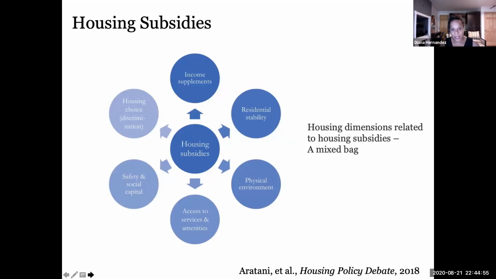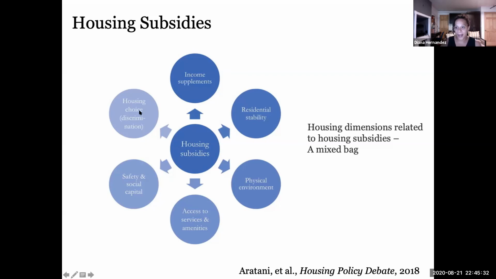it deserves. So thinking about what housing subsidies do, I mentioned this a little bit before, but they offer the opportunity for residential stability. They can invite the possibility for a better physical environment, although that has not been the case because of these capital backlogs. They can offer the opportunity for linkages to services and amenities, safety and social capital through networks.